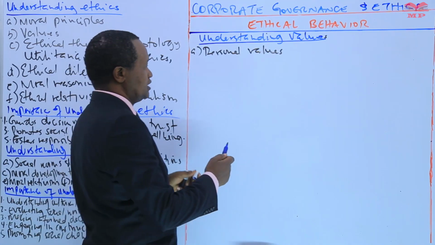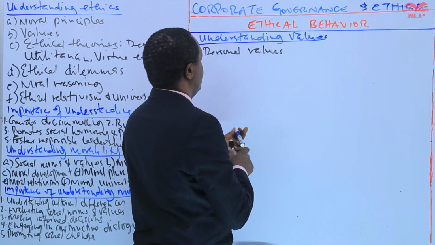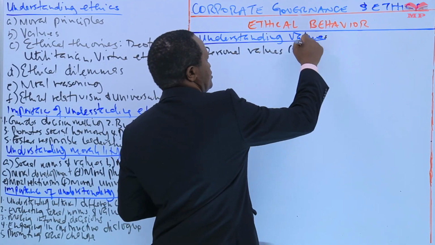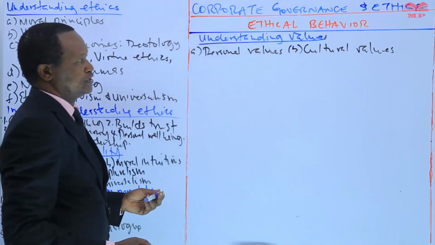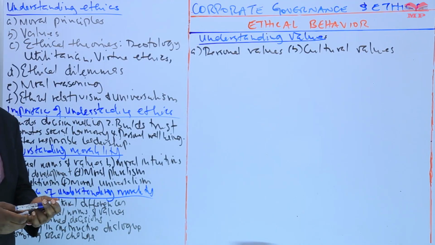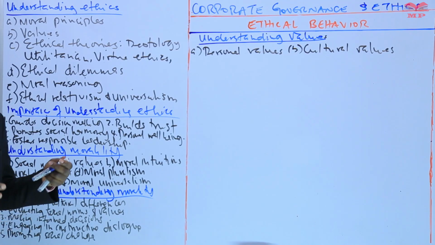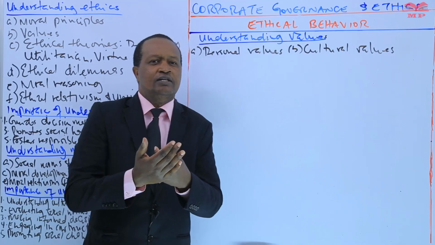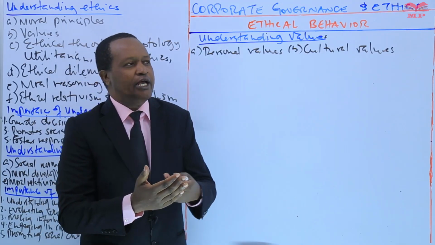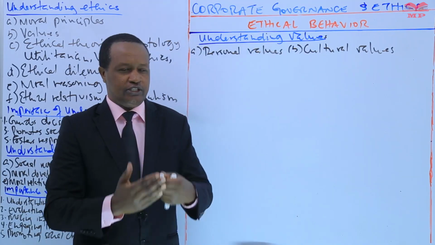Then we have cultural values. These are the shared beliefs and norms that are prevalent in a particular society or community.